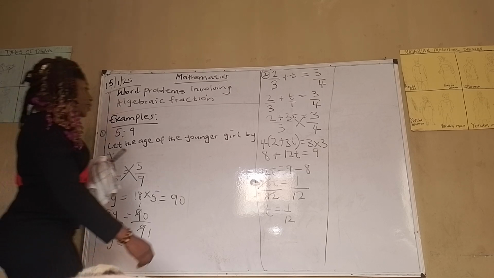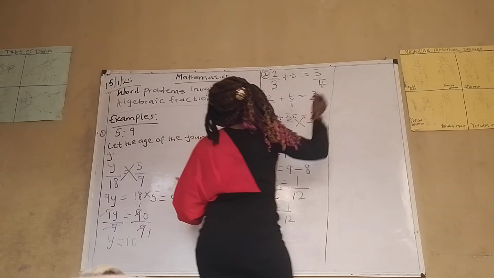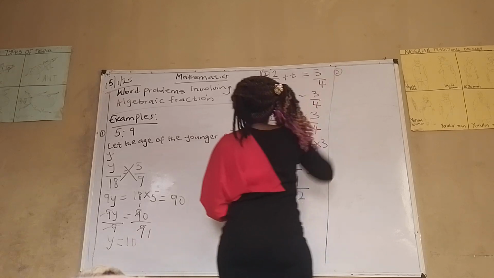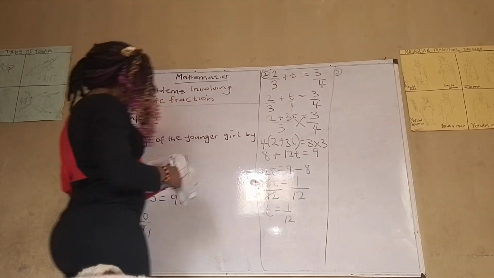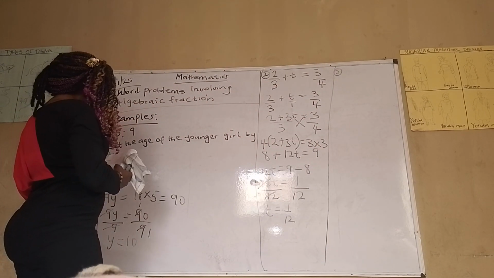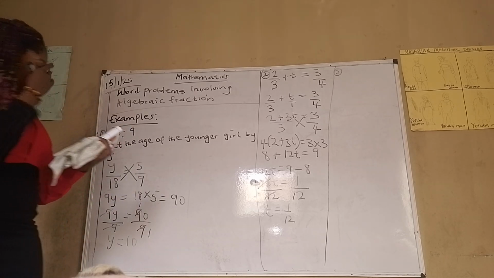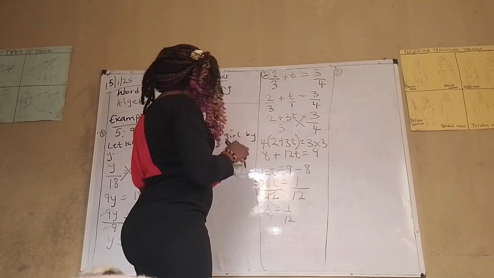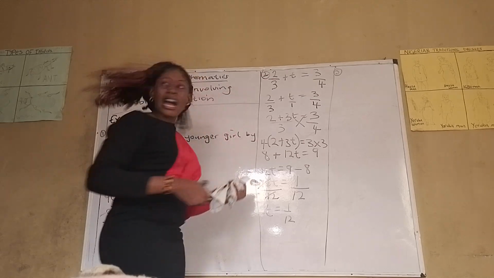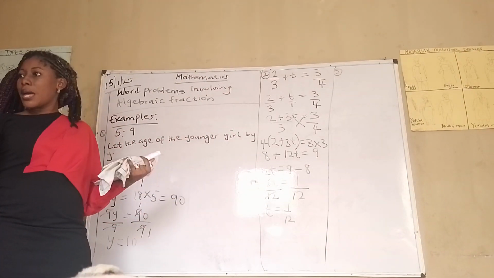So let's move on to the third question. Number 3. What does the question say? It says the difference between half and 1/3 of a number is 2. Find the number. When we say difference, what do we mean? Minus.